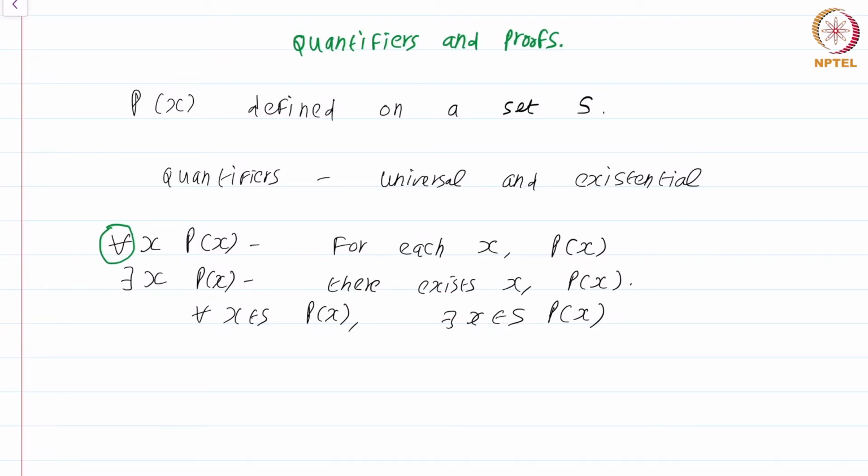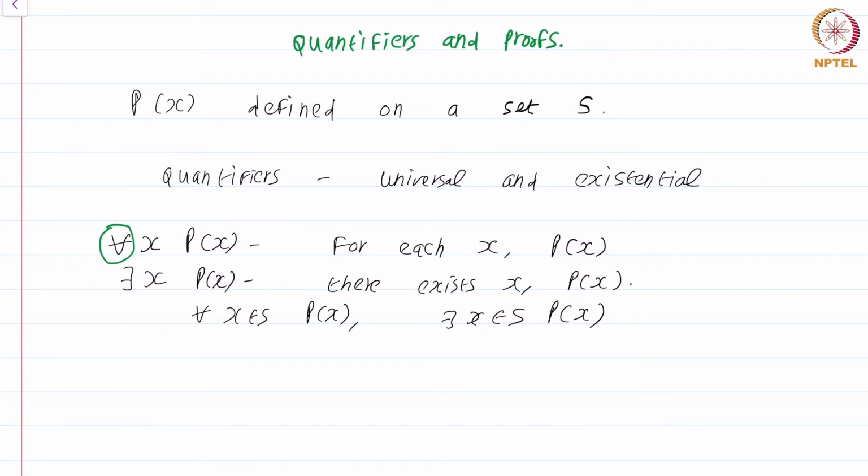So this reading of for all as for each is somewhat better in my opinion, but the for all usage is so common that it would be really difficult for me to avoid using it unconsciously, or you will definitely encounter it in the literature anyway. So I will use both interchangeably, but I will consciously try to use for each.